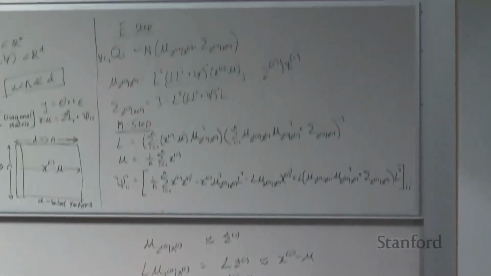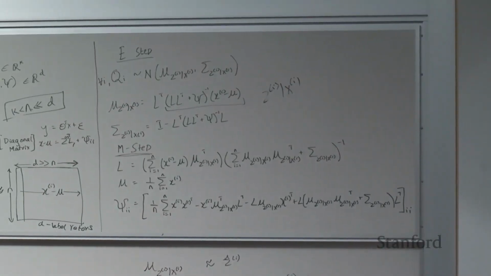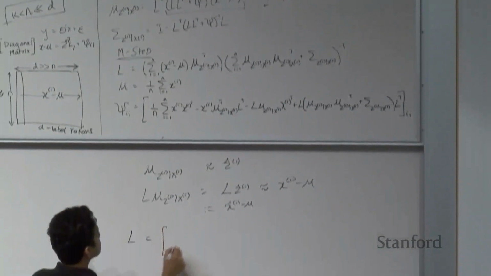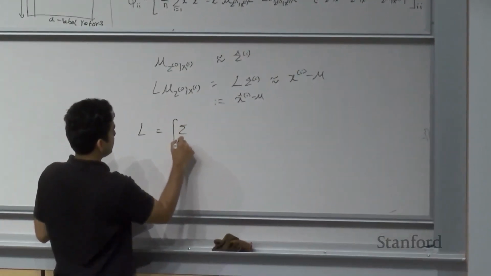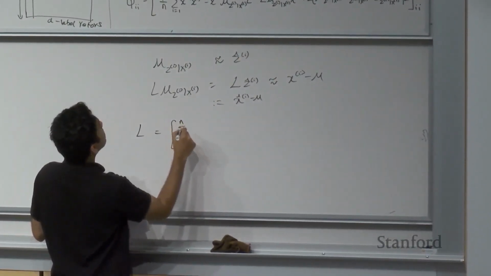So that expression can now be written as L is equal to the sum over i equals 1 to n of x_i minus mu.